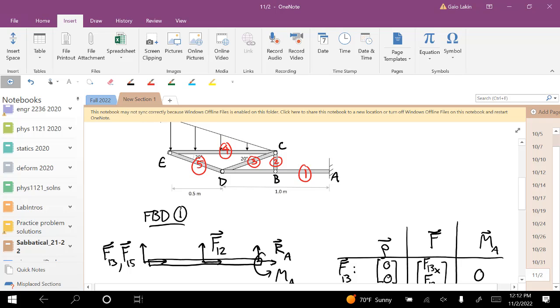So there are no weights here, right? And so member 2 and member 3 and member 5 are all 2 force members. You see that? They only have forces at their ends.